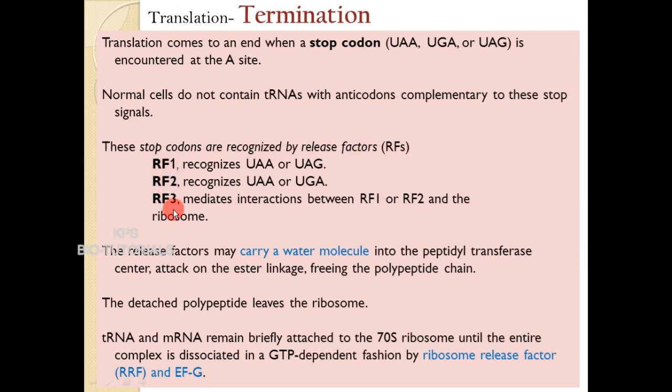RF1 recognizes UAA or UAG. RF2 recognizes UAA or UGA. RF3 mediates the interaction of the other 2 release factors with the ribosome.